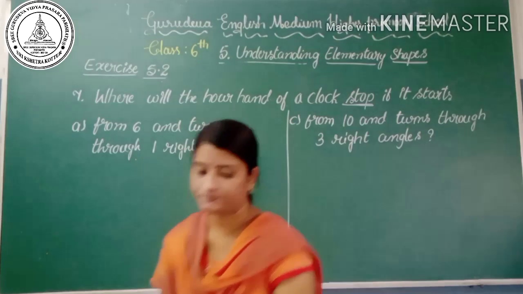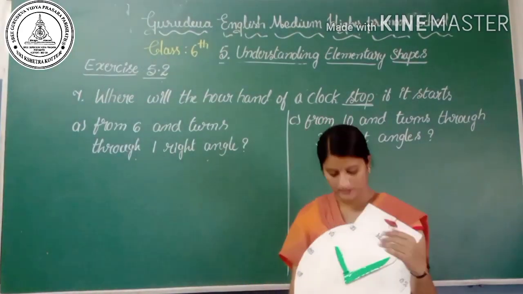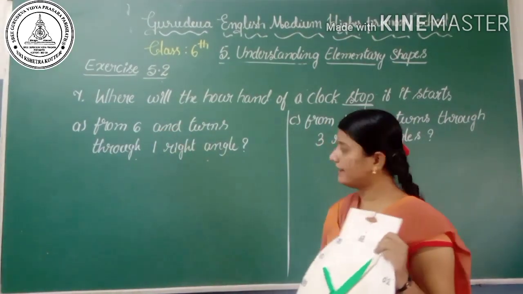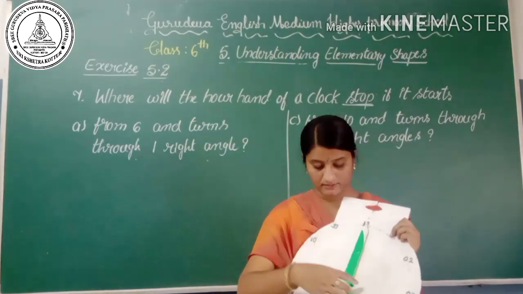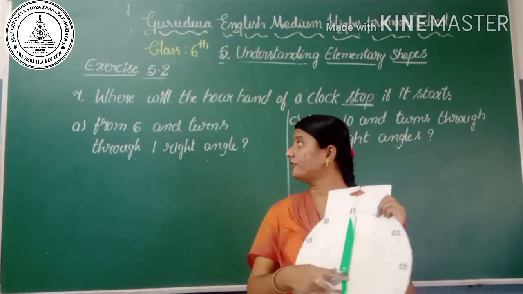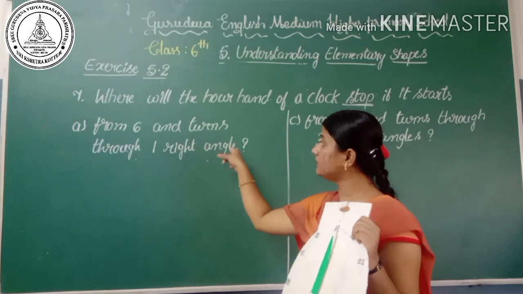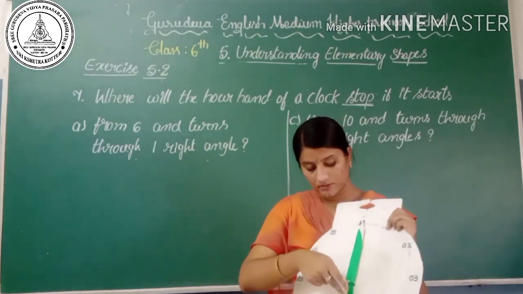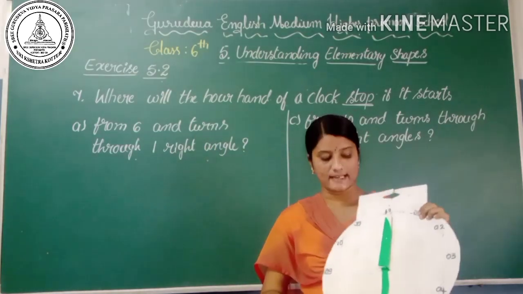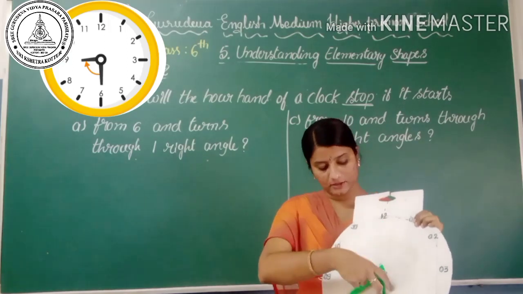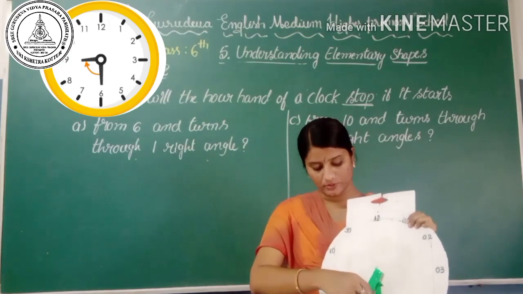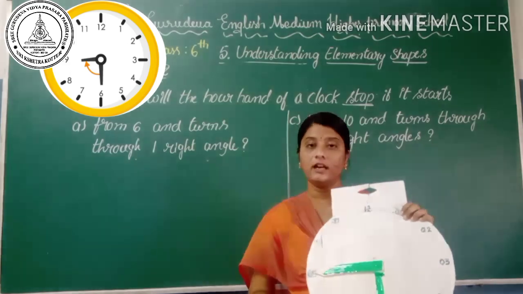Here there is a clock. So the hour hand starts from the 6 and turns one right angle turn. It is always in the clockwise direction. So from 6, one right angle turn means here the 9.